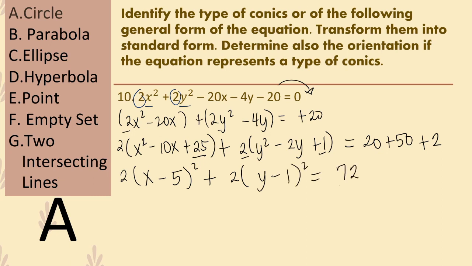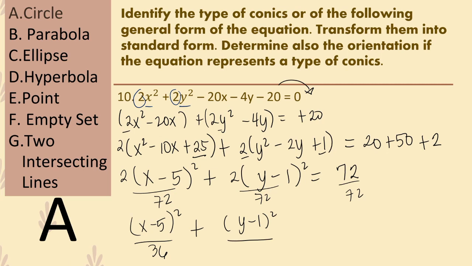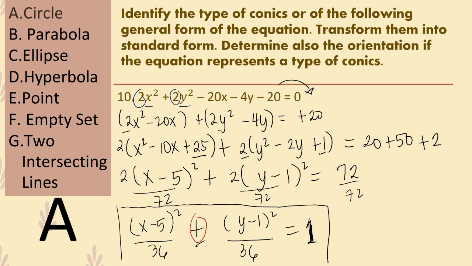So, let's divide both sides by 72. So, it becomes x minus 5 squared over 2 over 72 is 36 plus y minus 1 squared over 2 over 72 is 1 over 36, then is equal to 1. So, what did you notice? It looks like an ellipse because it is positive and positive 1 is its equivalent. Didn't we say earlier that this is a circle? Right?